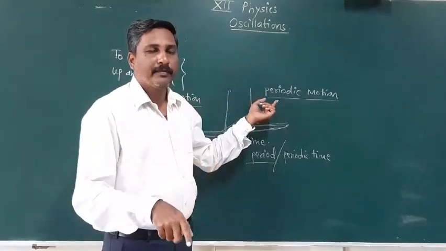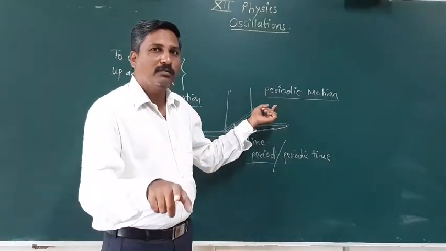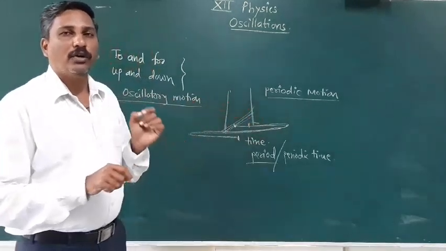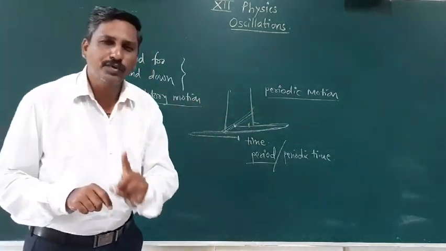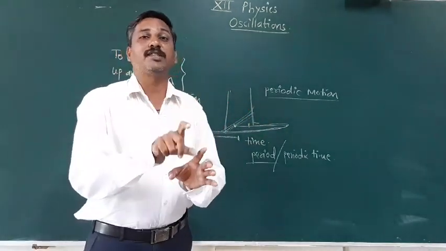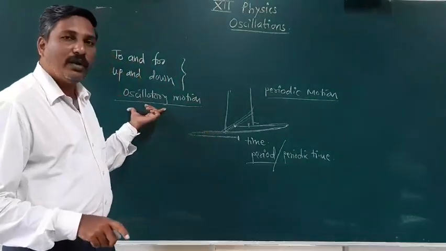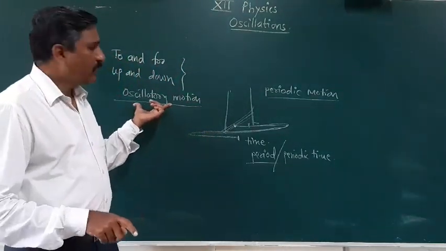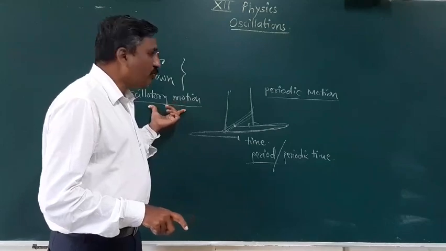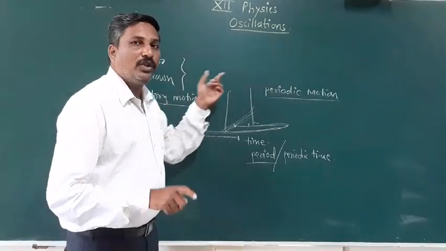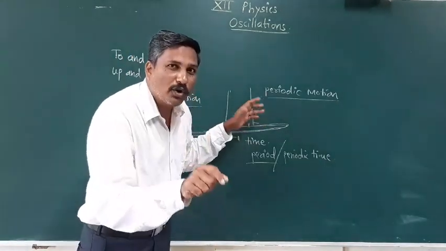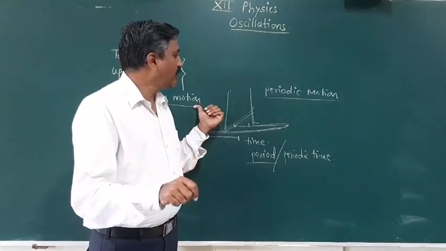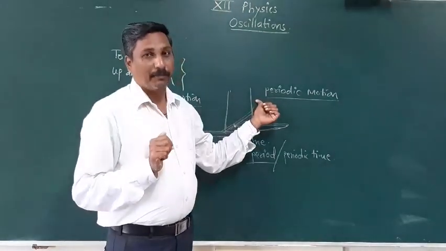But every periodic motion is an oscillatory motion. This is the most important and confusing statement. Every oscillatory motion is not a periodic motion because for every oscillation the time period is not the same.